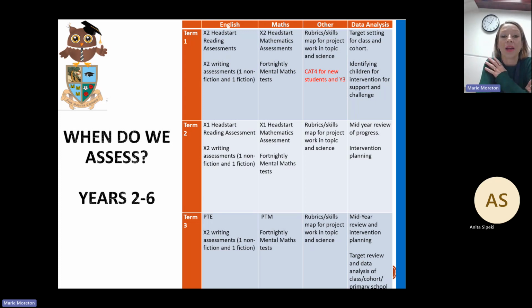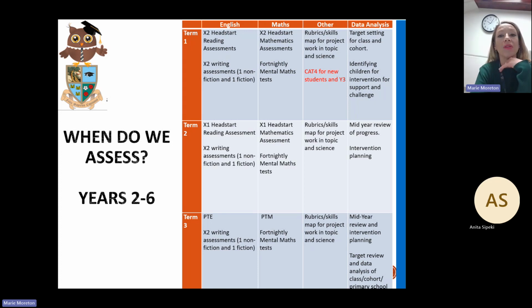We do what we call, for Year 3 in particular, the Head Start reading to start with, and then again at the end, and it measures how much the children have learned throughout the term. We do 2 writing assessments, so we do a fiction and a non-fiction, again throughout the term, to measure how much more the children can do as the term progresses, and create targets from that.